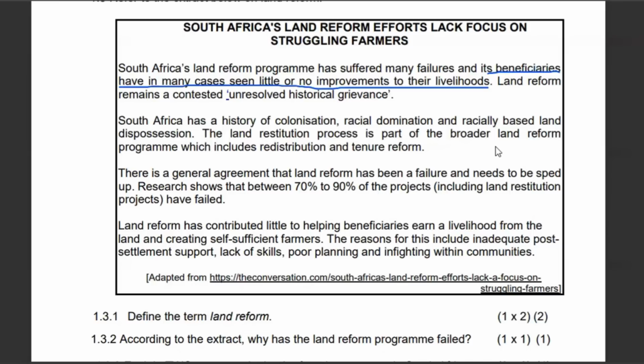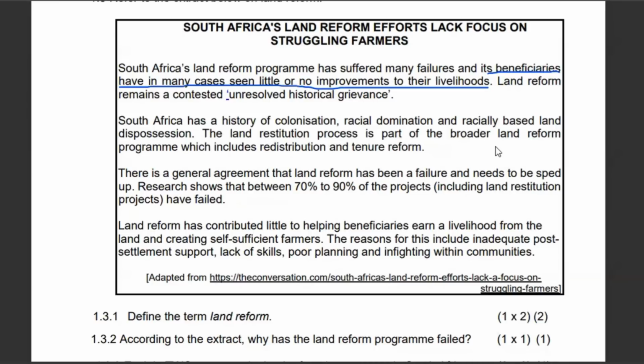Why are we giving them land? We are trying to improve their lives. We are trying to make the burden of landlessness better. But now, given the situation that the beneficiaries are not seeing any improvement or they are seeing little improvements, it suggests that this whole process is a failure.